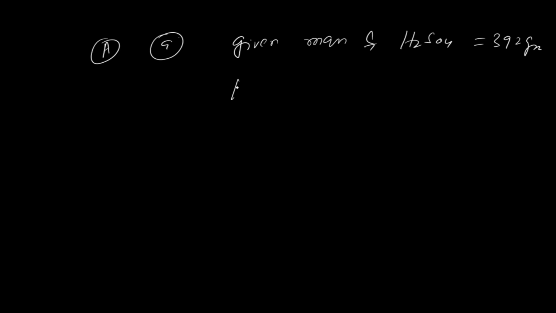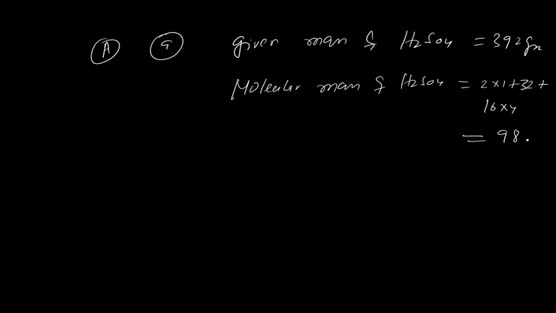Now what is the molecular mass? So the molecular mass of H2SO4, how will you get it? 2 into 1, having 2 hydrogen with 1 atomic mass, plus sulfur is 32 atomic mass, plus 16 into 4. When you solve it, it will come 98 gram. So given mass is given, molecular mass is given. You have to find out the number of moles. You can use the direct formula.